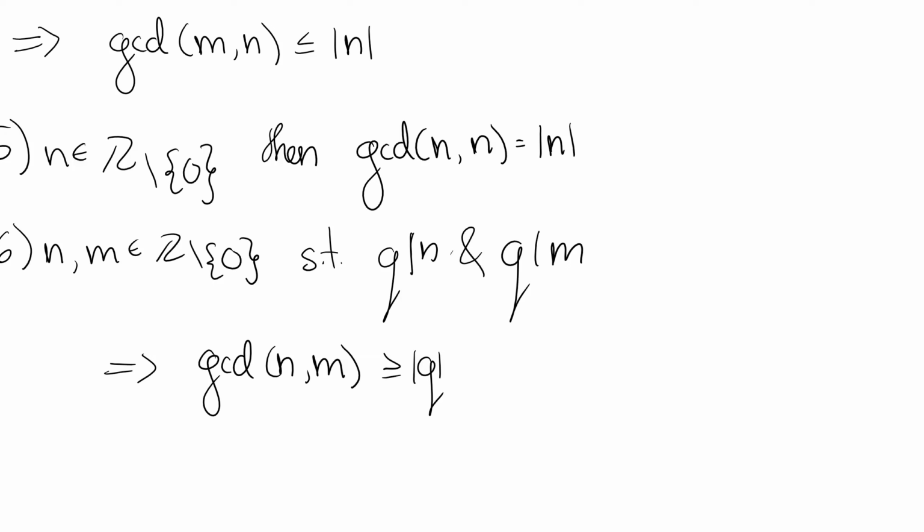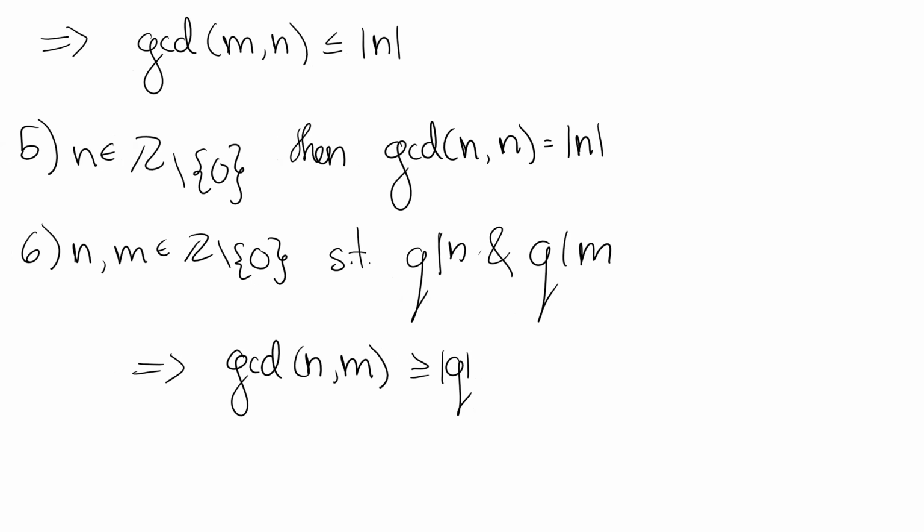So here, if we know that some integer q divides both n and m, then we know that our GCD has to at least be the absolute value of that. It might be equal to the absolute value of q, or it might be bigger than it. We don't know, but it's at least that.